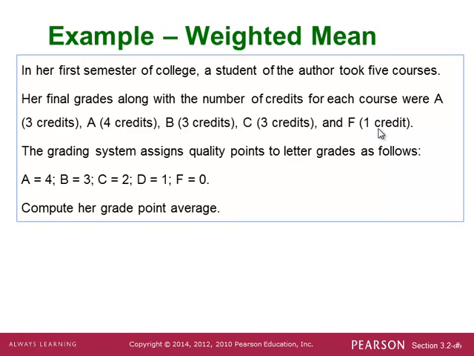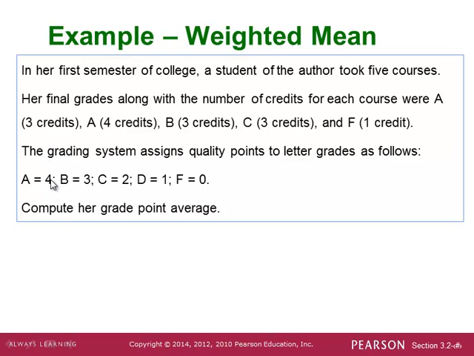Well, what you're going to do is compute the average of the letter grades with the weighting being done for the credit. So the credit of the class will be the weight of the grade. So you're going to take the grade A for this class right here and weight it with the number of credits.